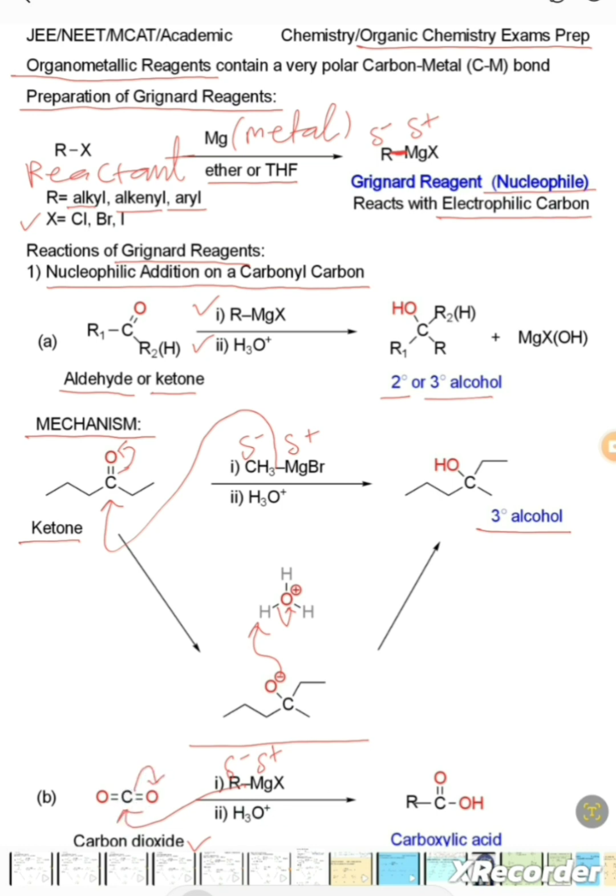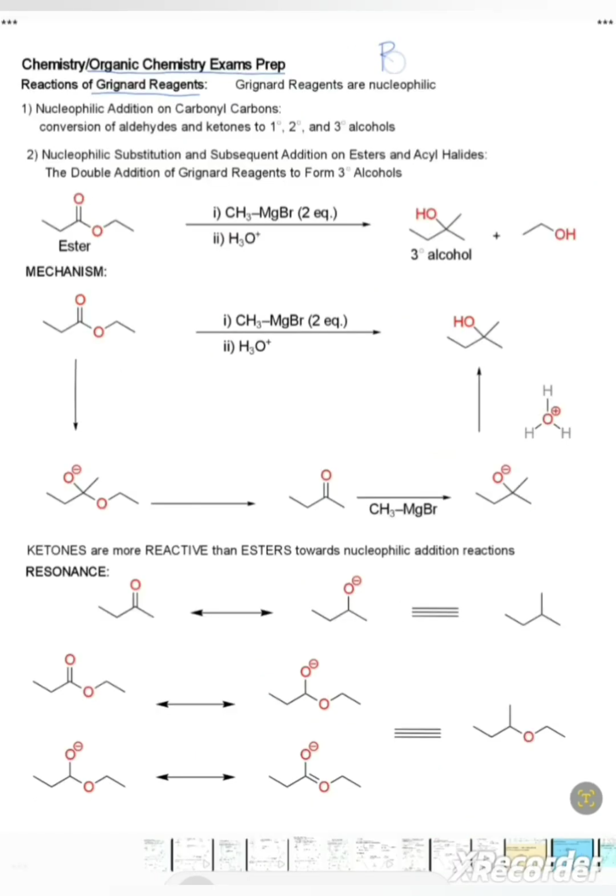In second step, again the acidic workup gives us the carboxylic acid product. So these are two reactions, but broadly we can classify them as one reaction, a nucleophilic addition on a carbonyl carbon.